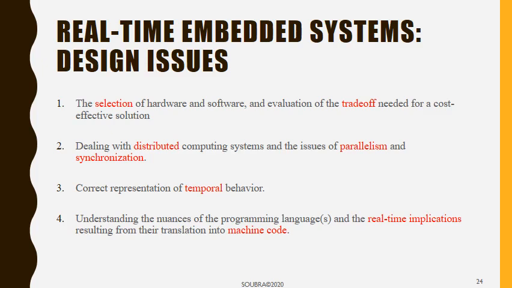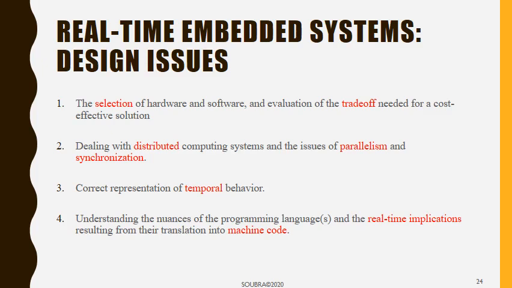Another design issue that you'll be dealing with, should you decide to work in this domain, is how to deal with distributed computing. Last year we talked about distributed computing in the OS and in the CA courses.